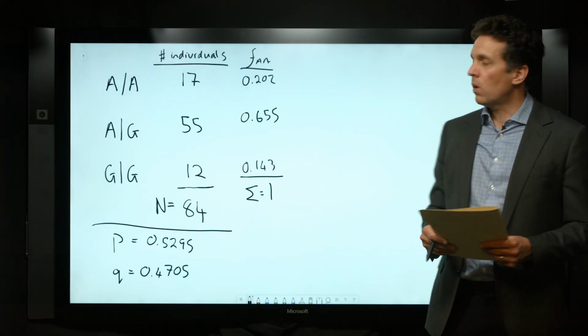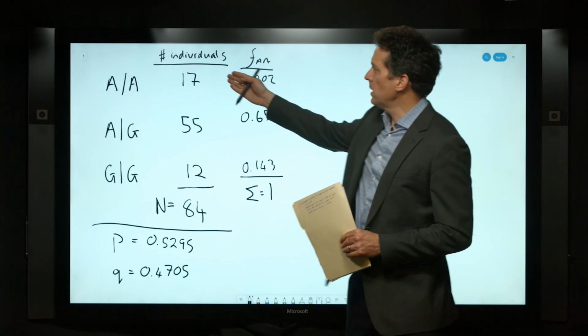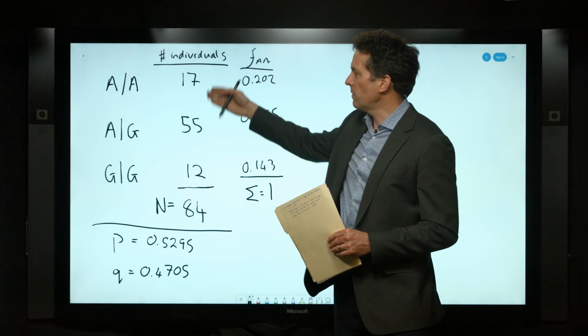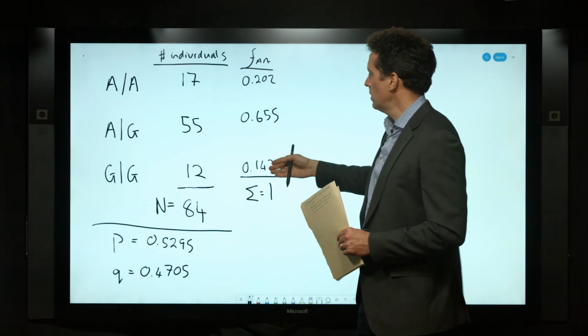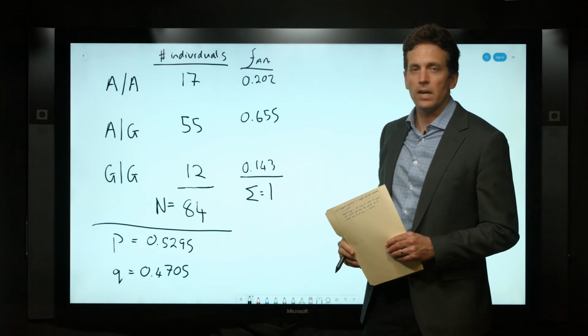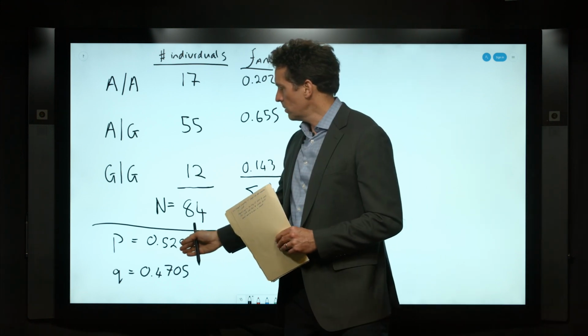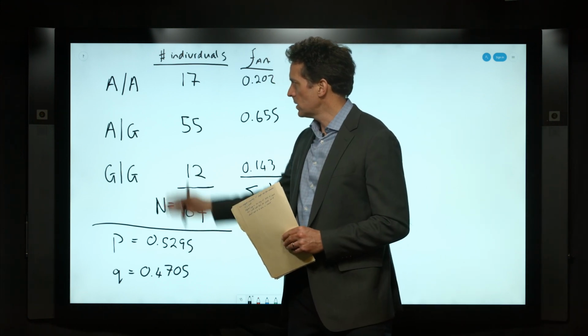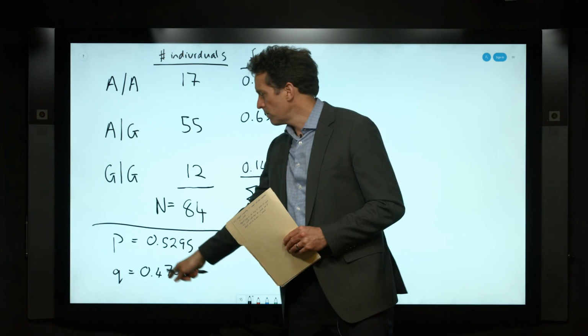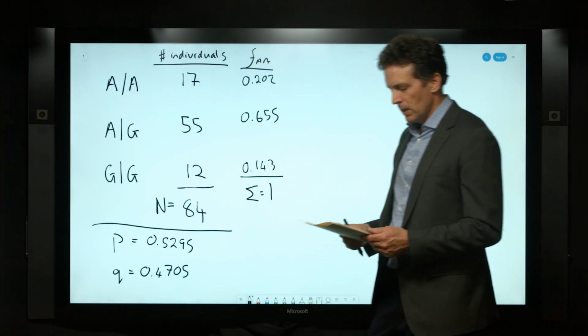Okay, and so what we've done here is that we've taken the number of individuals with each genotype, we've computed the frequency of each of those genotypes, and we've used that information to compute P and Q, the allele frequency of A and the allele frequency of G in this case.